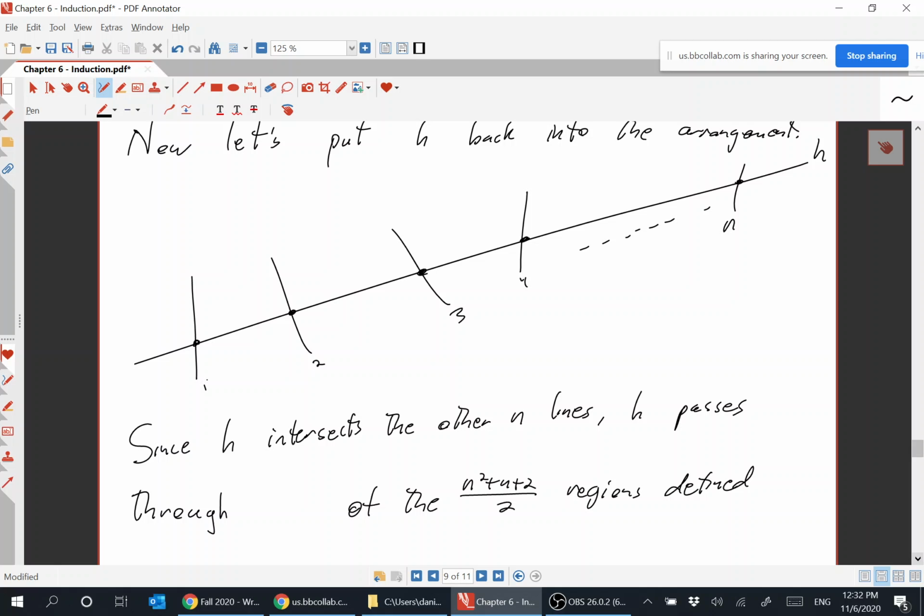It passes through n regions. Almost. N plus 1, because this would be region 1, region 2, region 3, region 4, and so on, up to region n plus 1. N plus 1 of those regions.